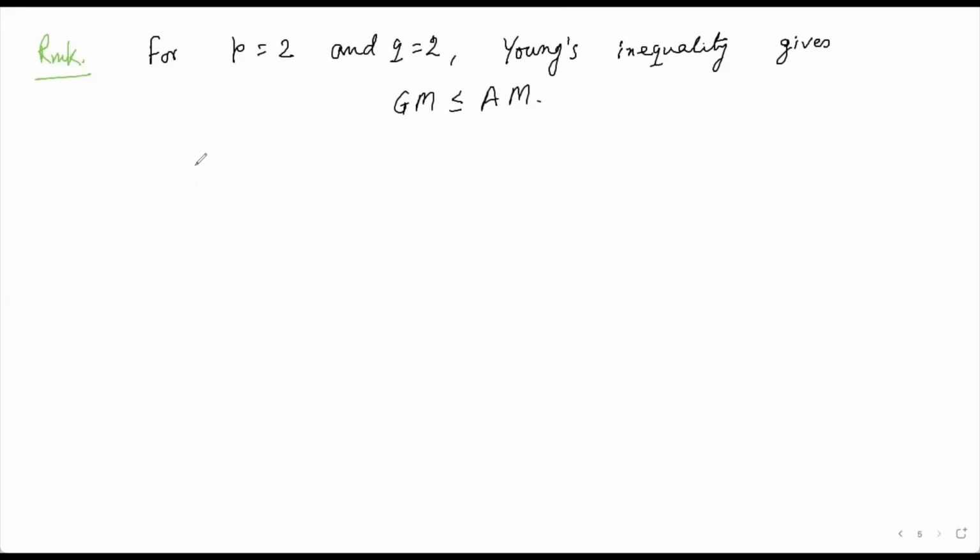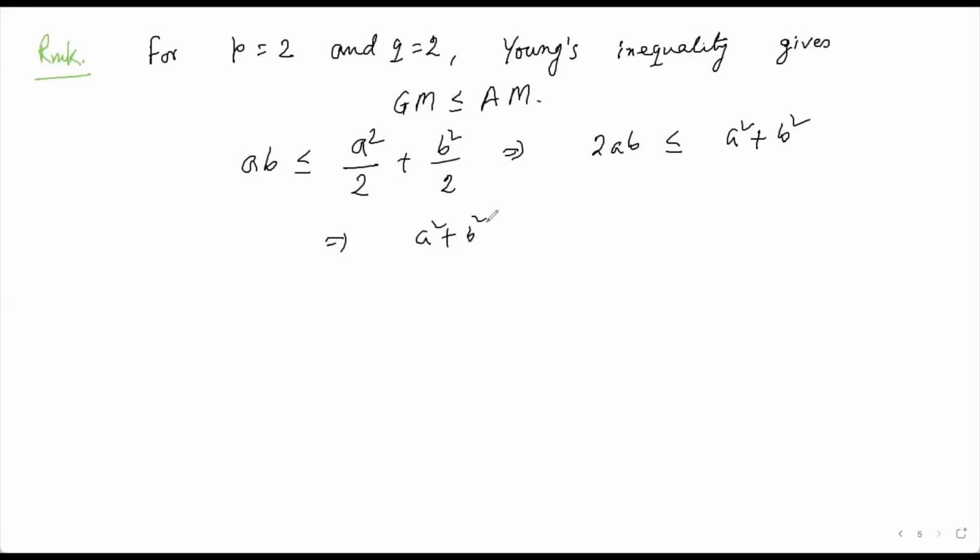So if you put P equal to 2 and Q equal to 2 in Young's inequality, we have AB less or equal to A power P over P, that is A square over 2, plus B square over 2. This implies 2AB is less or equal to A square plus B square, and this implies A square plus B square minus 2AB is greater than or equal to 0.